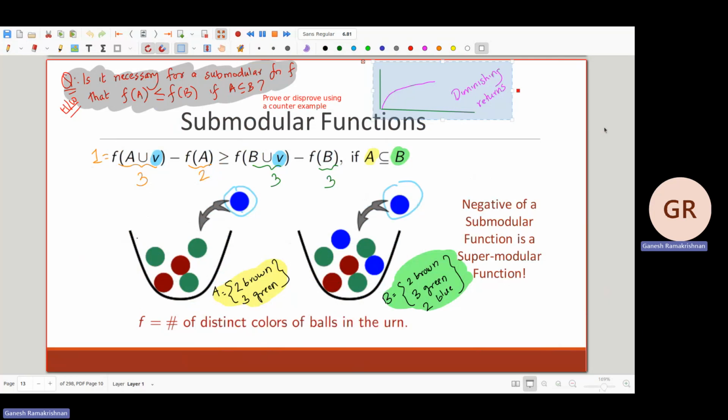Whereas if you had to maximize the submodular function, do they display concavity like properties? It's an NP-hard problem. Maximization is hard, right?